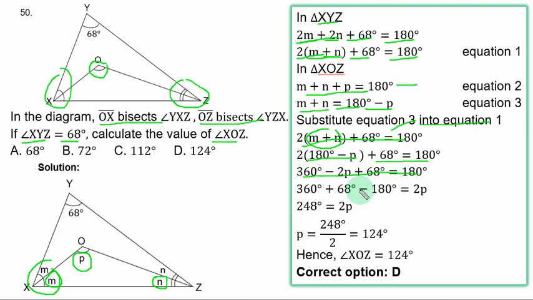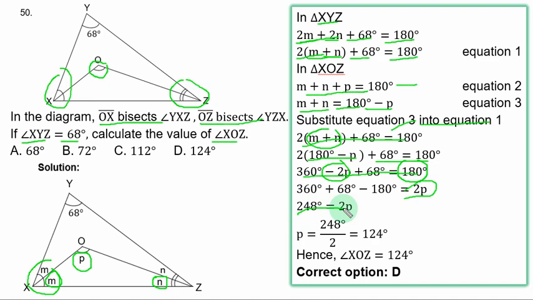Now let's collect like terms. The angle needs to be positive, so let's transfer this term to the right hand side. It becomes positive, and you transfer 180 to the left hand side, and you have 360 degrees plus 68 degrees minus 180 degrees equal to 2P. If you add and subtract, you have 248 degrees equal to 2P.